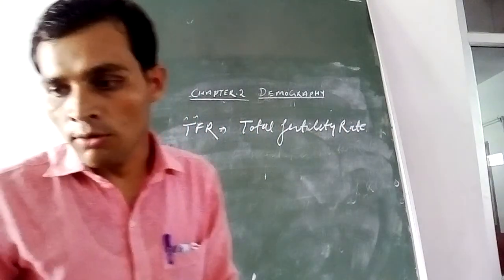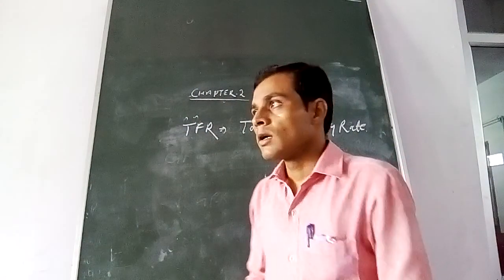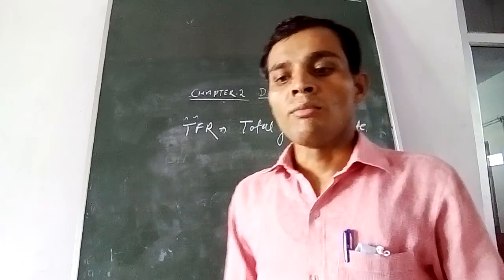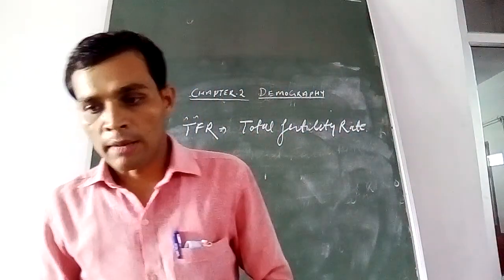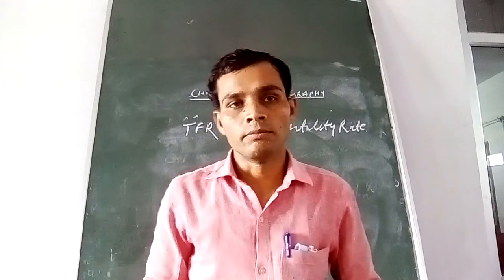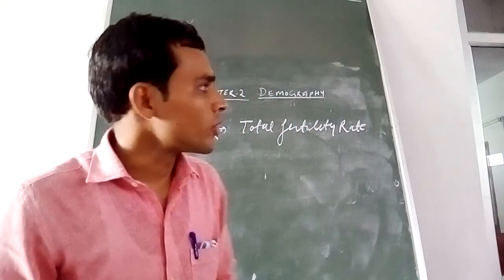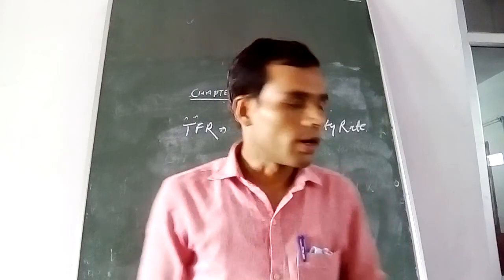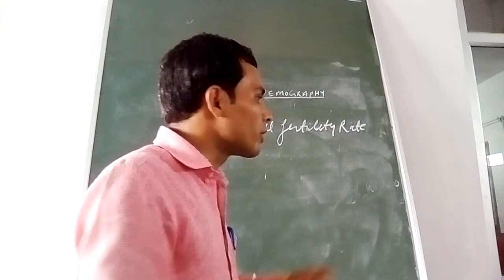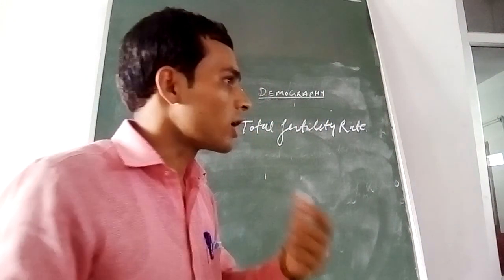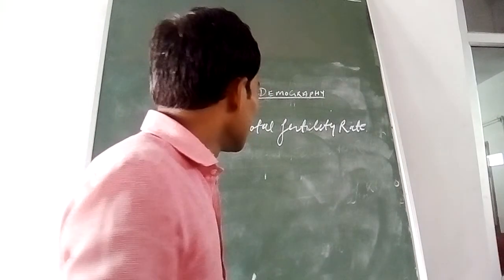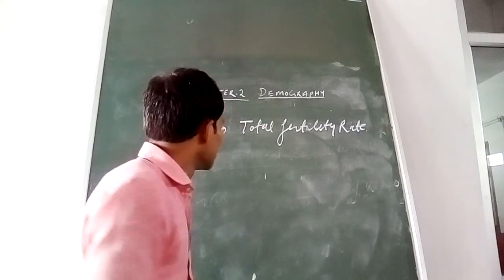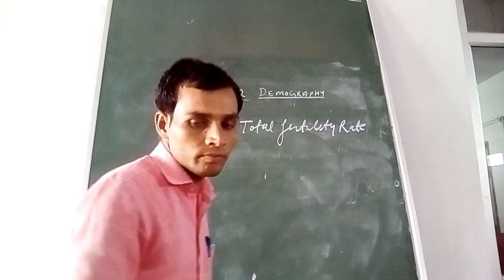It is calculated in the same way. It is the total number of live births that an imaginary woman would have. Here the age group is also 15 to 49, calculated for states, countries, or a particular region. This is TFR.